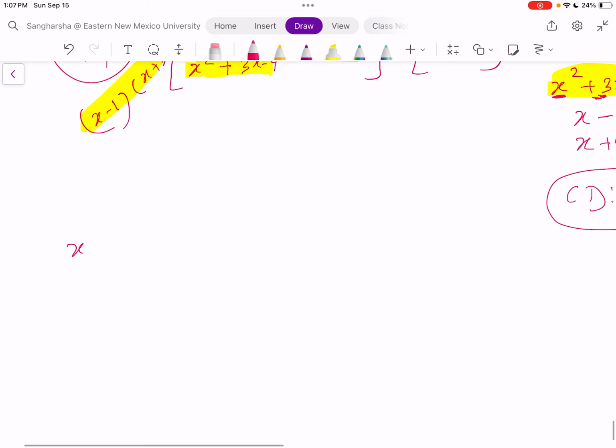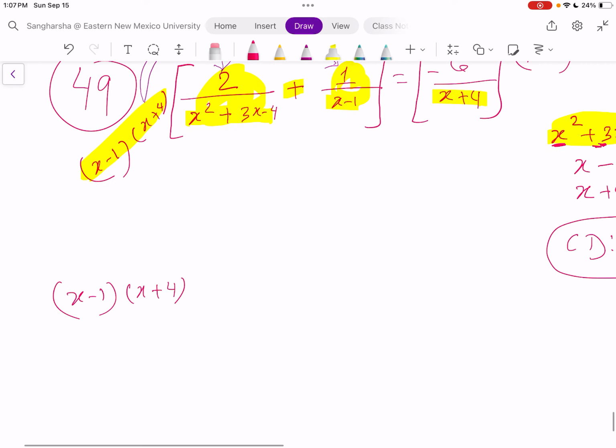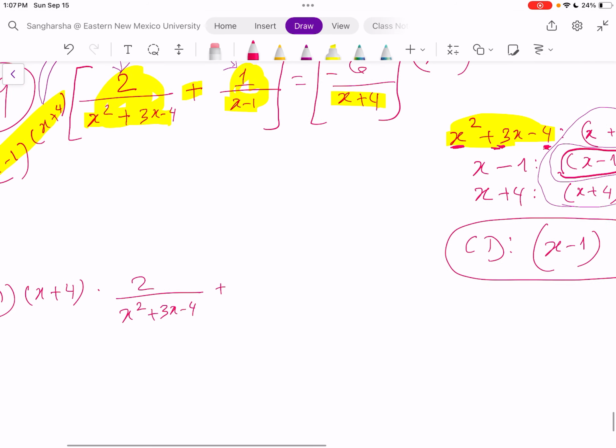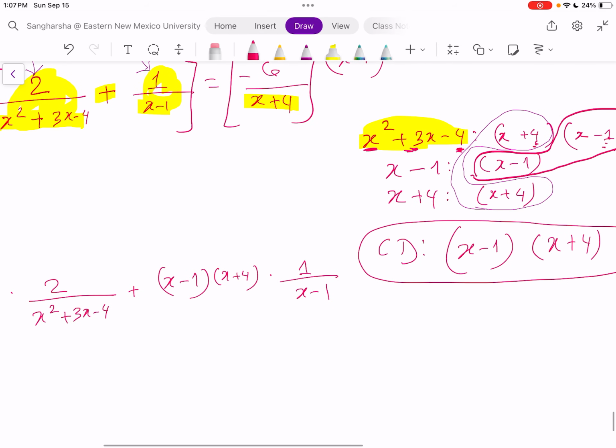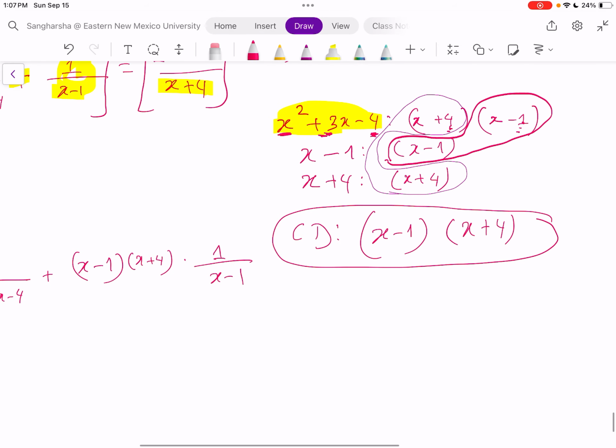So we have x minus 1 times x plus 4 times the first expression, that is 2 divided by x squared plus 3x minus 4, plus the common denominator for the next expression, x minus 1 times x plus 4 times 1 over x minus 1. Now on the right side, let me rewrite the right side: negative 6 over x plus 4 times x minus 1 times x plus 4.